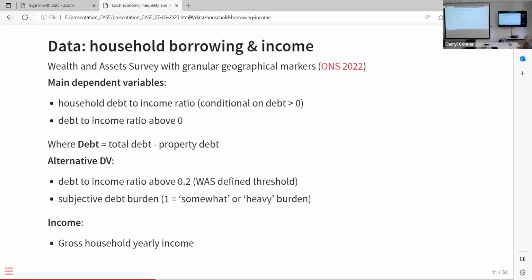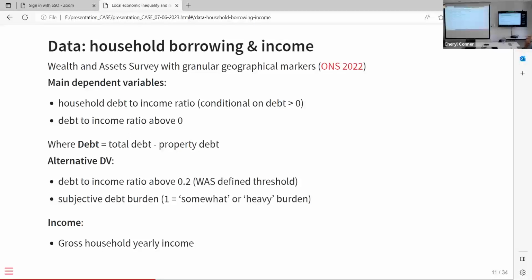And so maybe going back to your question, I'm going to actually take away property debts. My measure of debt is going to be consumer debt, so total debt minus property debt. And actually, I'll show you later different debt items, including property debt, split out, so we could look at the difference between consumer debt and property debt. And also there are alternative dependent variables: debt to income above a threshold, which the Wealth and Assets Survey defines as being high, a ratio of 0.2.